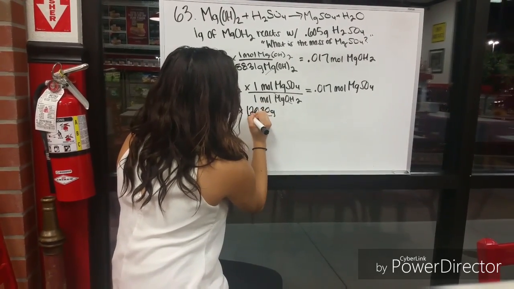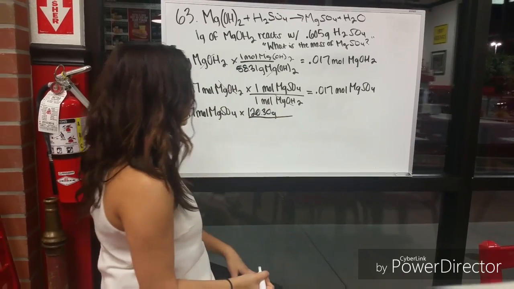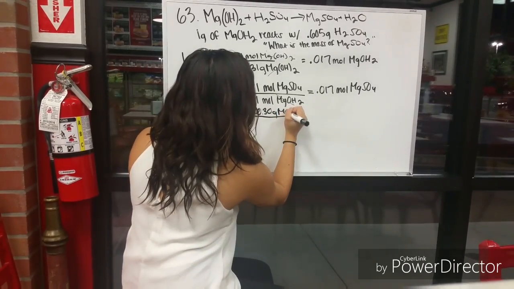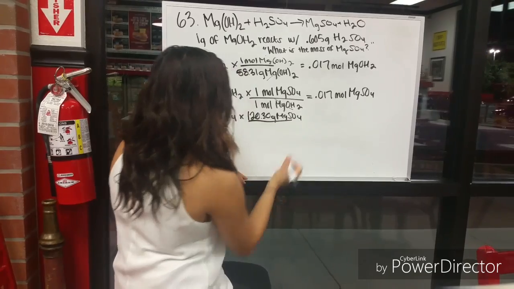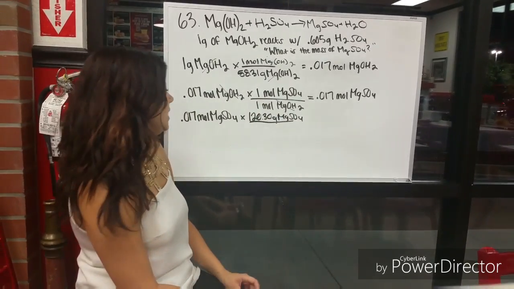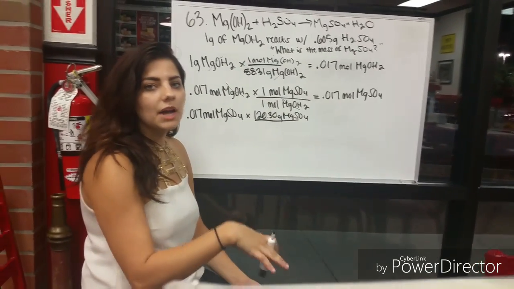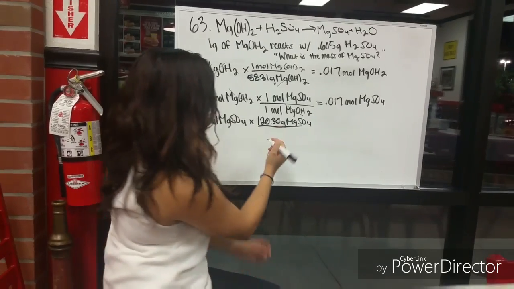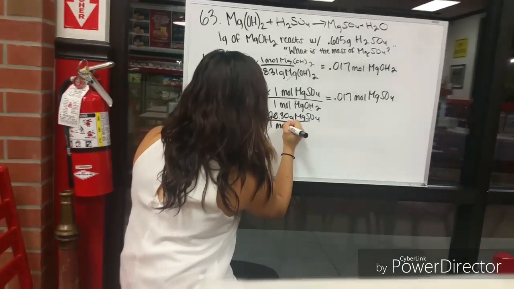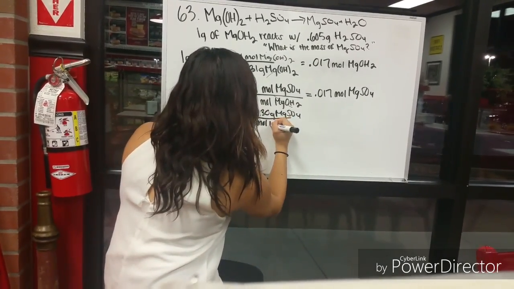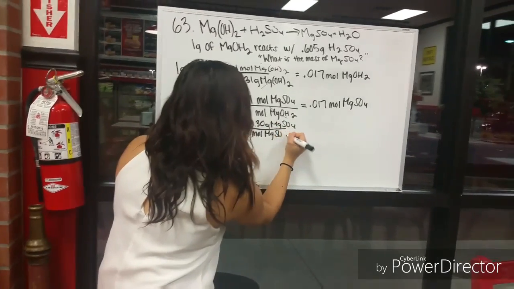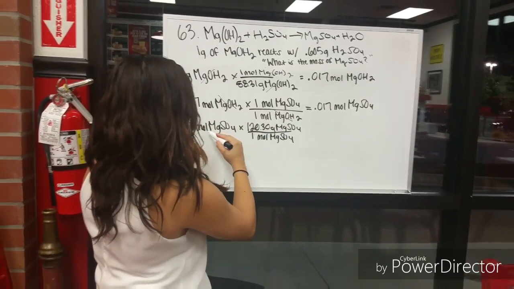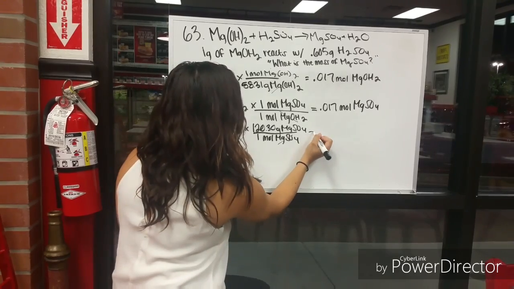And it's going to be in grams, again, because it's the weight of something, and it's going to be MgSO4. And what we need to do on the bottom is put it in moles because we want these to cancel out. So it's going to be 1 mole of MgSO4, and these will cancel each other out.